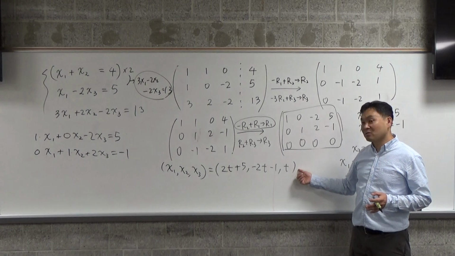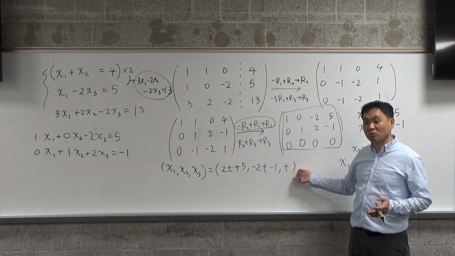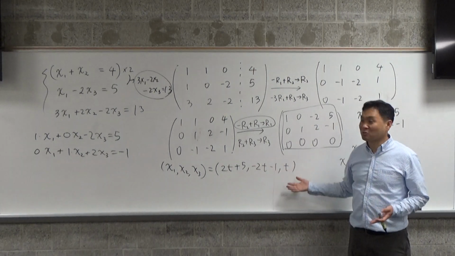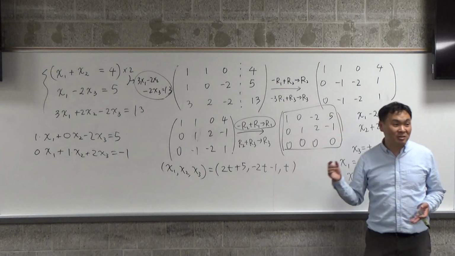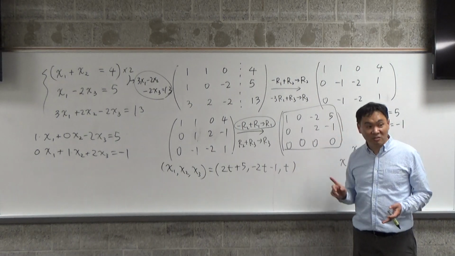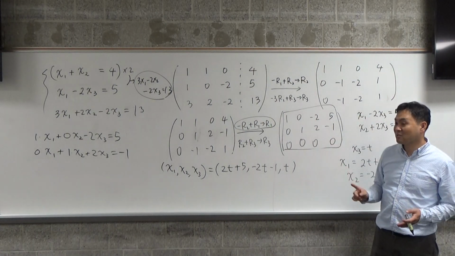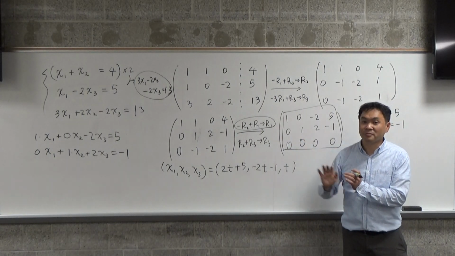What's the velocity of this? If you simply differentiate this, what do you get? You get 2, come on, you know how to differentiate. 2, negative 2, 1, right? So that's the direction that this line goes. It's some direction, but it's a point that moves along the time.